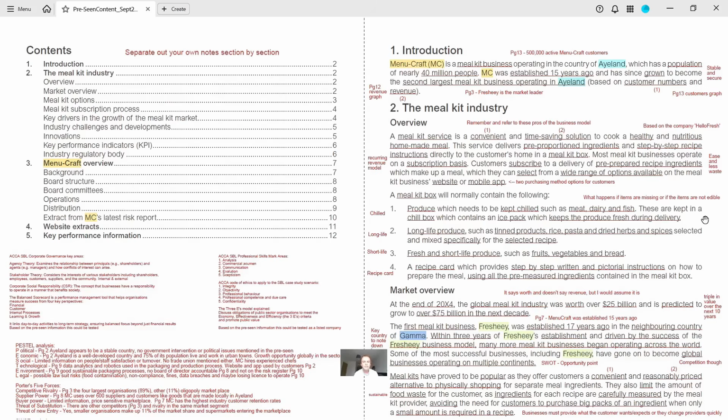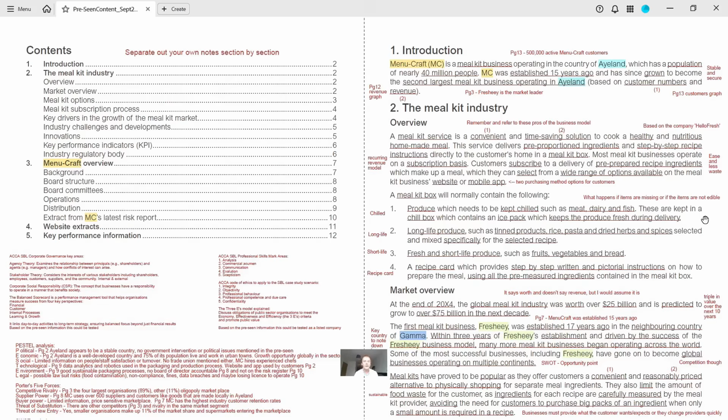Next, we come on to the meal kit box itself and what it would contain. This is where you just need to be able to picture and demonstrate in your answers on the exam day that you understand that some of the produce is going to be chilled, like the meat, dairy and fish. There is long life produce, so rice, pasta, that's not going to go off very quickly.